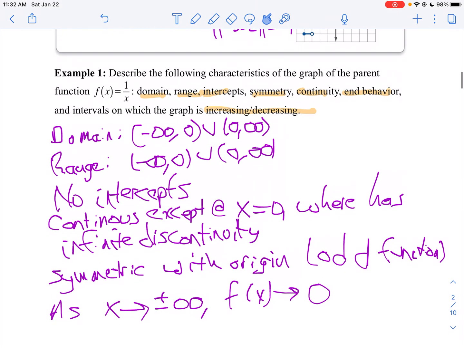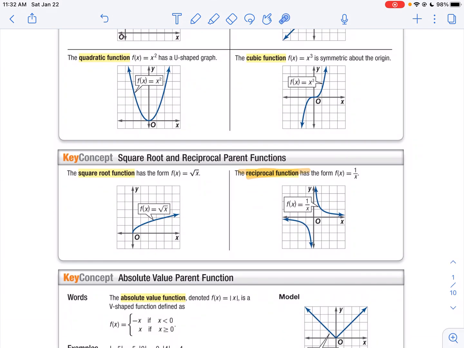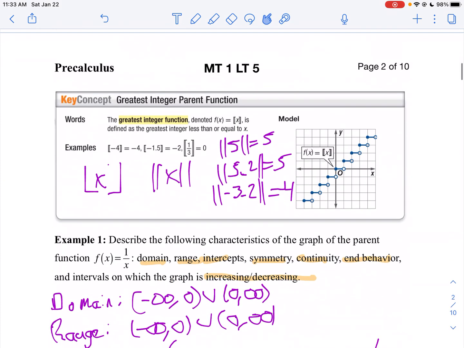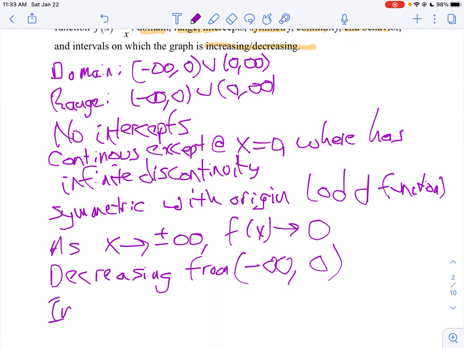And then finally, when is my graph increasing or decreasing? Well, my graph is decreasing from negative infinity to 0 because it's going down. And it's increasing from 0 to positive infinity.